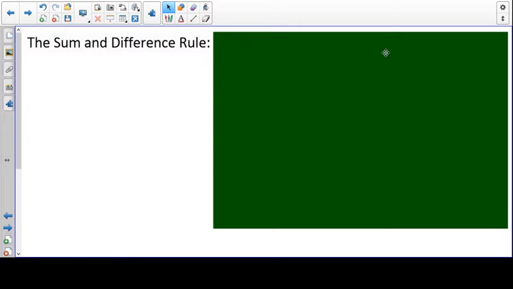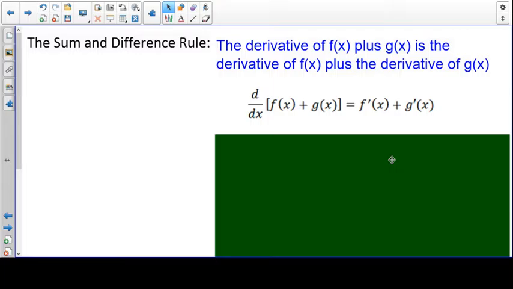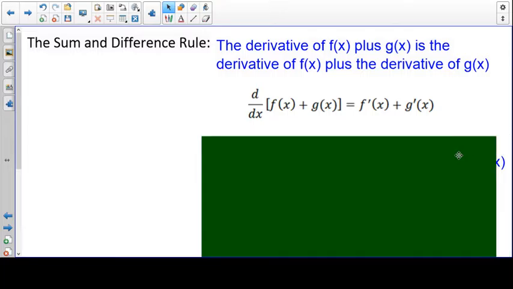The sum and difference rule. So this is a twofer. The first part talks about if you take the sum of two functions. The derivative of f of x plus g of x is going to be the derivative of f plus the derivative of g. That's saying that I can distribute that derivative through, and I can find the derivative of f and then find the derivative of g, and then go ahead and add those two together.